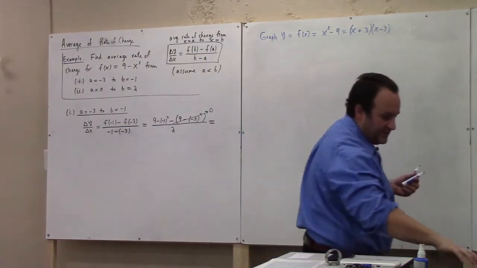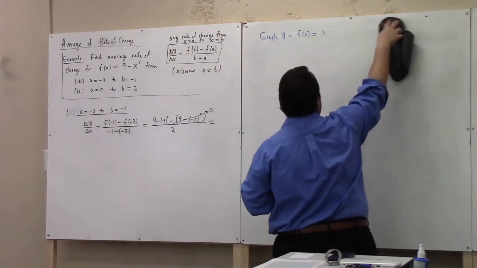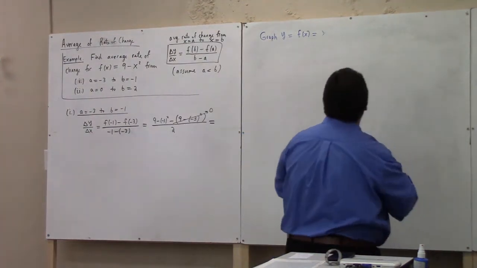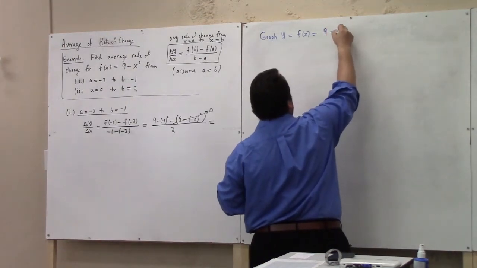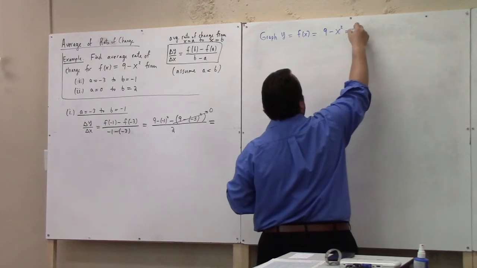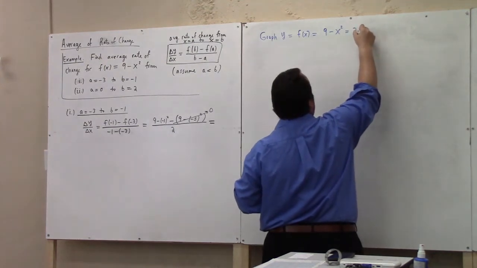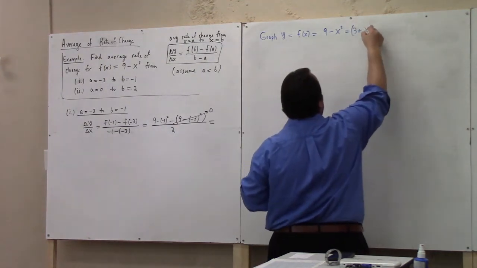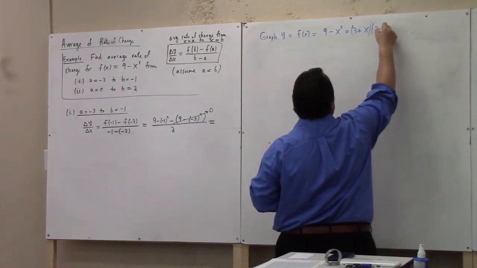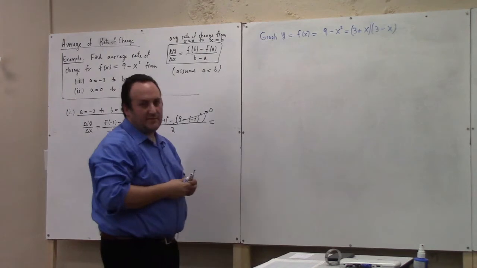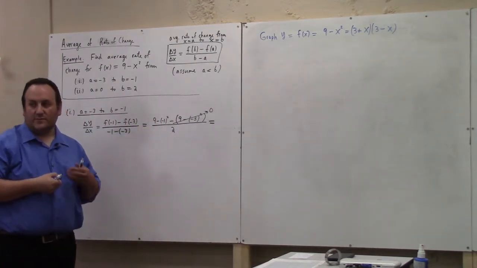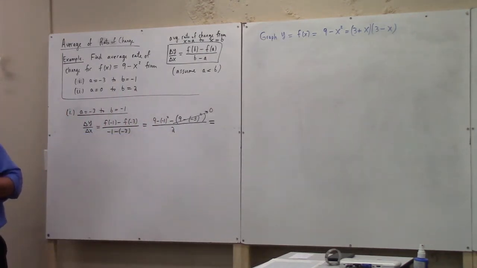Ah, curses. Thank you for keeping me honest. I appreciate that. It's 9 minus x squared. And thank you for pointing that out now, as opposed to 3 minutes from now. That's right. So it's 3 plus x times 3 minus x. But the point is, when you factor it completely, you can see that this function has x-intercepts at plus and minus 3, right?